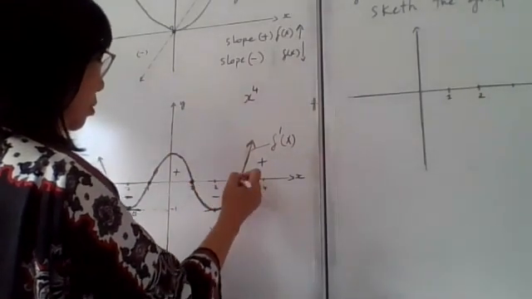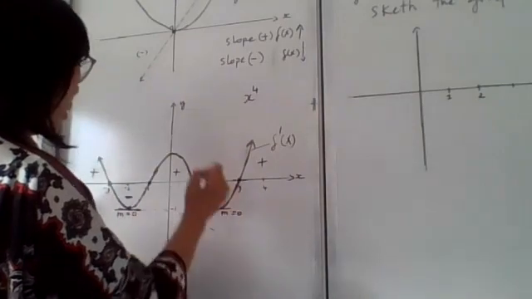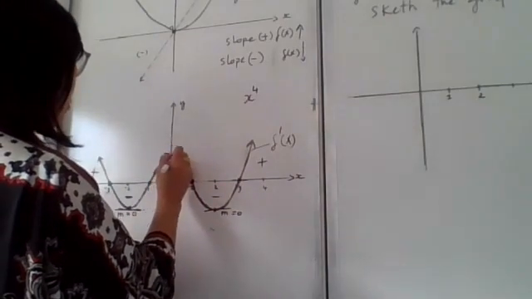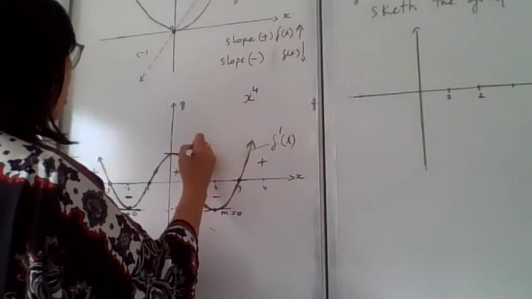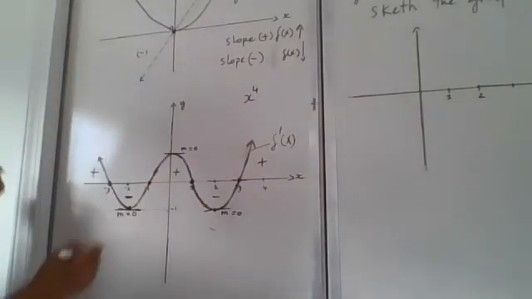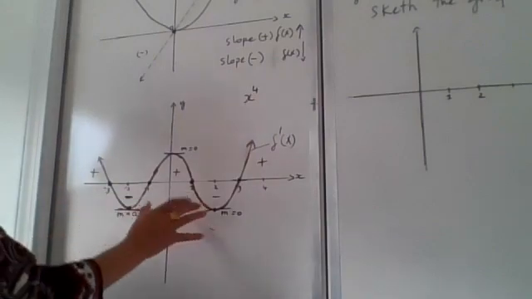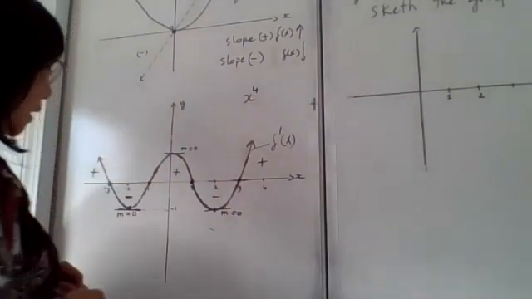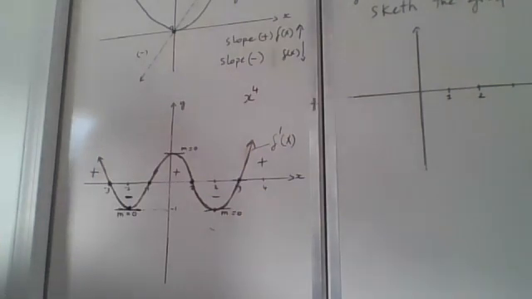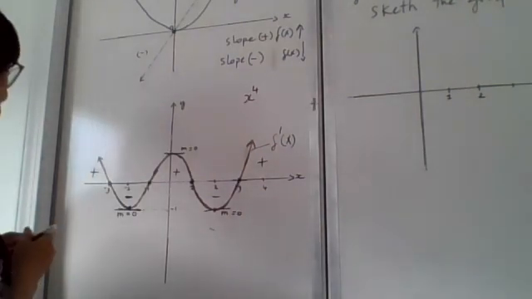The function has a slope of 0 at this point, right? What else? This one as well, m equals 0. Okay, so that's all we need for now. These are the things we should pay attention to when we start sketching. Later on, I'm going to show you what else we need.